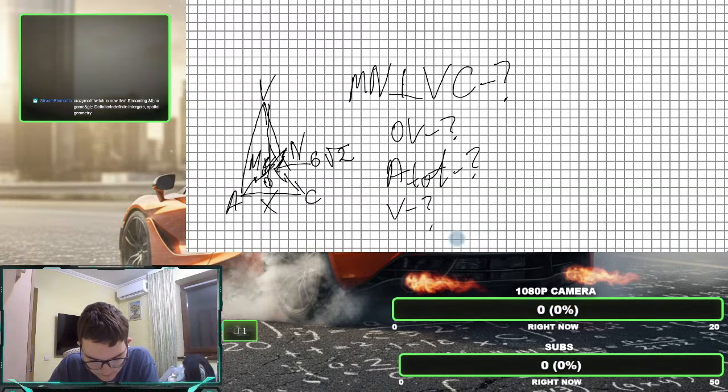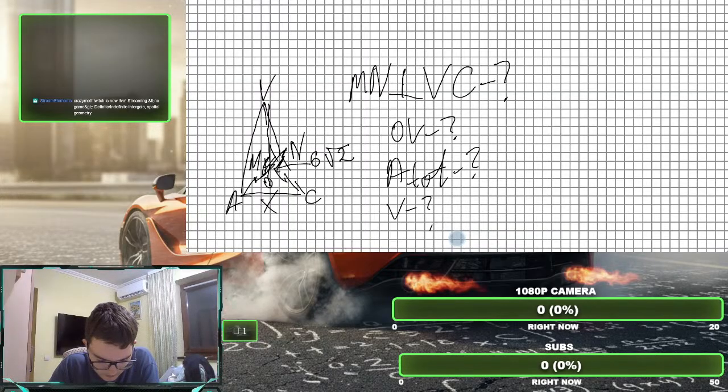So start off, I think MN is perpendicular to VC because that's like half and that's like half, so it works out. And I don't know how I can exactly demonstrate it, so I'm just gonna move on.